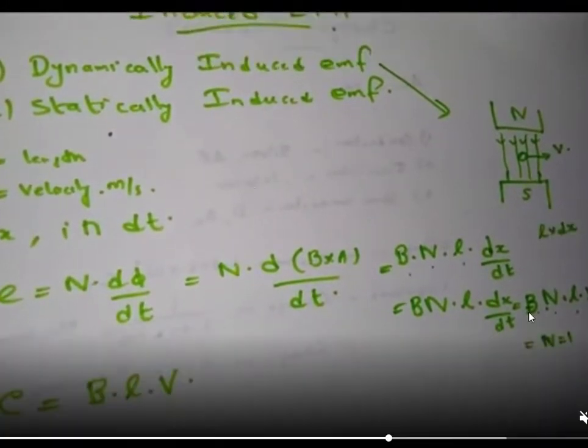So it is B into N into L into v. When the number of turns equals 1, if you are using only one turn, then the EMF is given by E equal to B into L into v. B, L, v gives the induced EMF.